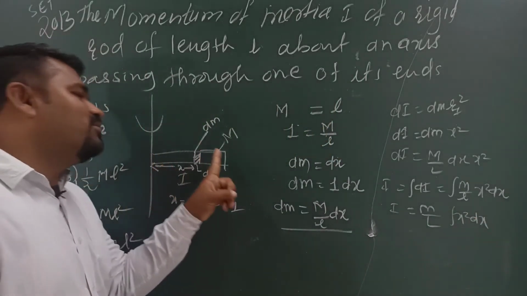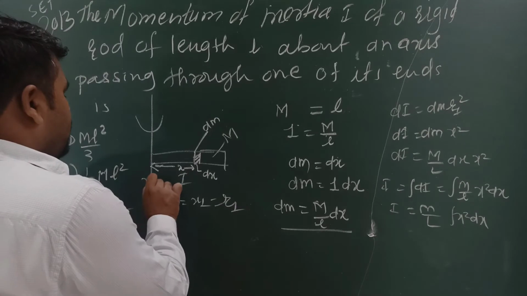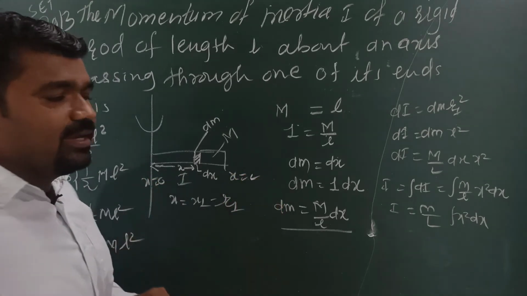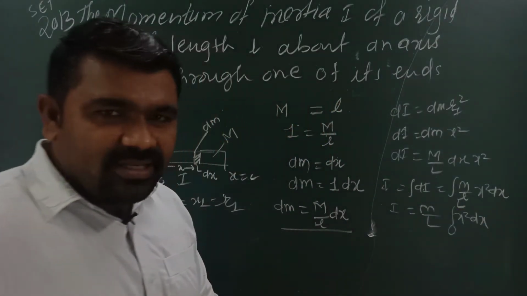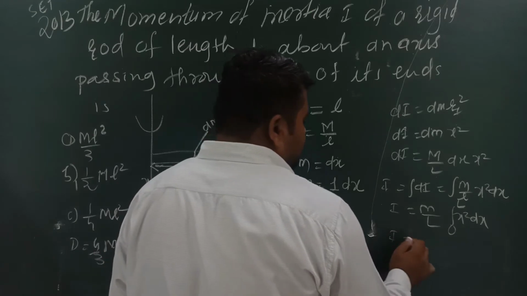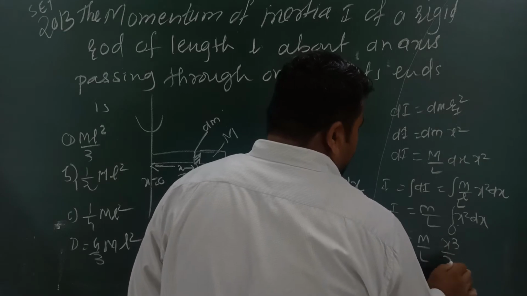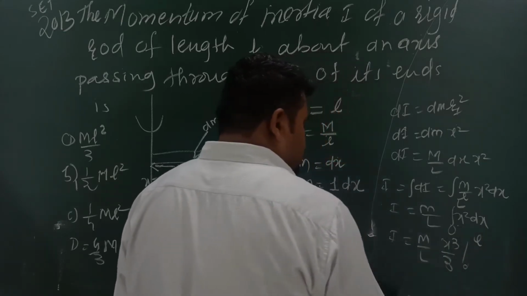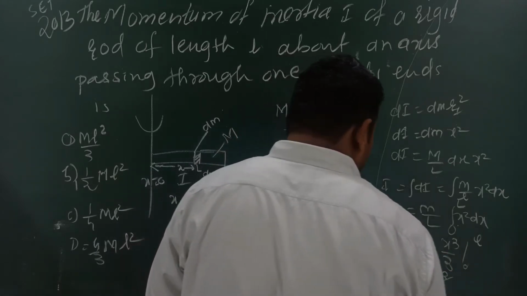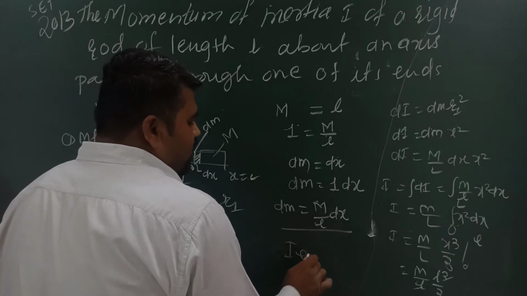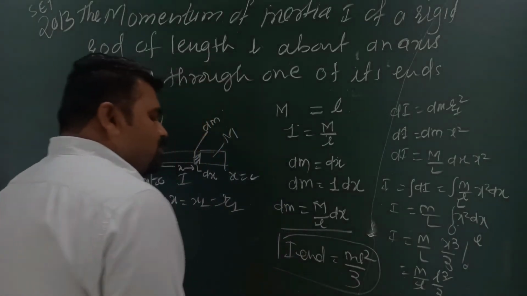Integration of x square dx, where x varies from this point to this point. Here the initial point is x equal to 0 and the end is x equal to L. Lower limit 0, higher limit L. The integration of x square is x to the power 3 upon 3, so I is equal to M upon L x cube upon 3, limit 0 to L. Substitute the value, L cube upon 3, one L gets cancelled. So the moment of inertia at one end is ML square upon 3.